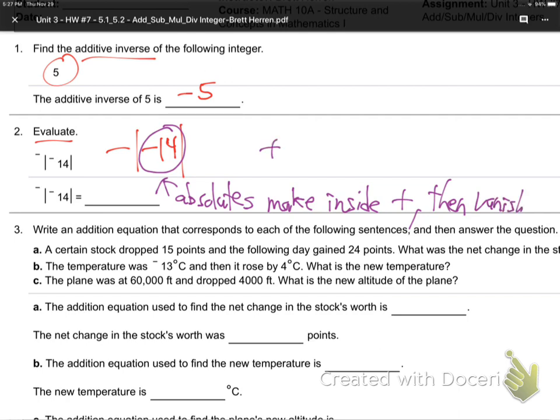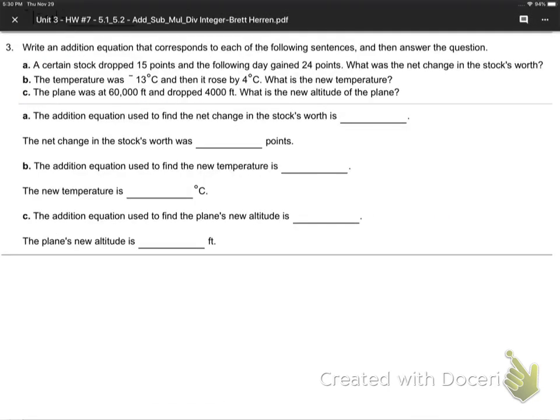So they'll make it positive 14. Now that negative on the outside, this guy, he's still there. So it ends up in the end equaling -14 because of the negative on the outside. The one on the inside was made positive, but the one on the outside still was there, so the answer is -14.